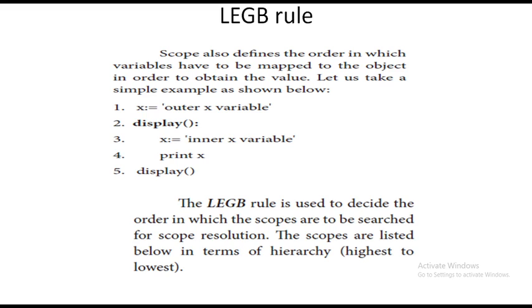If you look at the output of this example, the outer x variable would seem to be executed first and the inner x variable at last, but this is a different output.